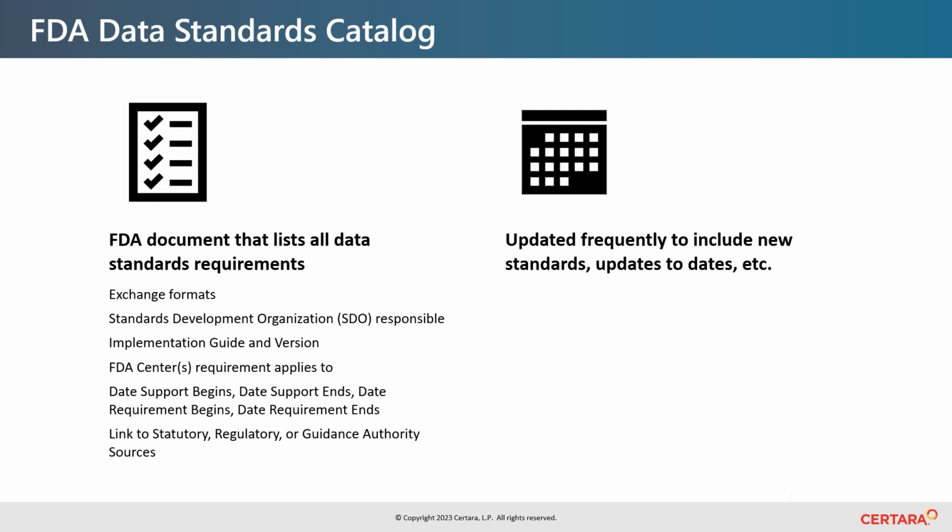Each data standard version is in a row in the spreadsheet, and columns include details about the data standards such as exchange or file format, standards development organization responsible for the standard, such as CDISC, ICH, etc., implementation guide name and version, the FDA center or centers the standard applies to, and key dates associated with when support and requirements for the standard begin and end, and any details associated with the requirement dates, such as specific dates associated with requirements for NDA versus IND submissions. This file is updated frequently to add new standards, associated dates, and details to help industry better understand the requirements, so always make sure that you're using the current version.